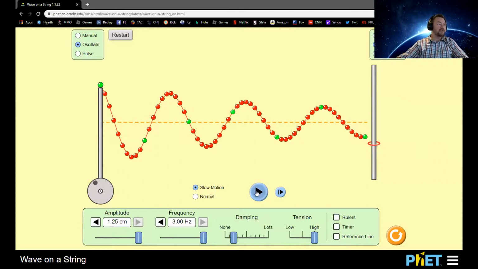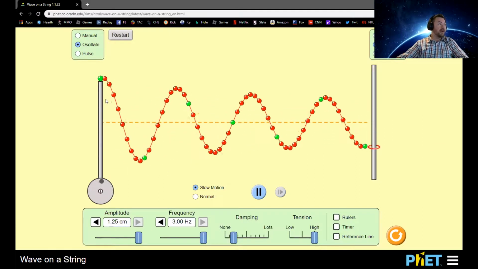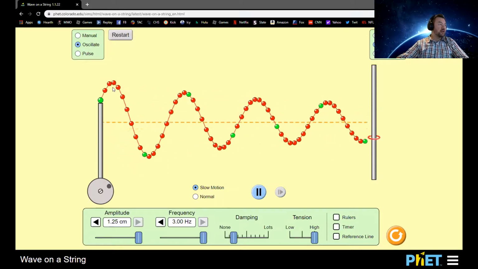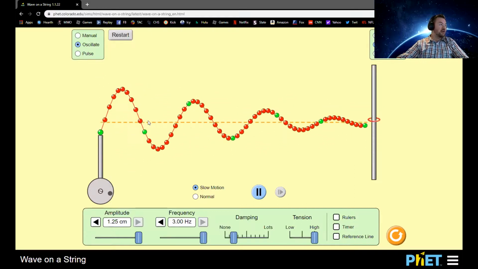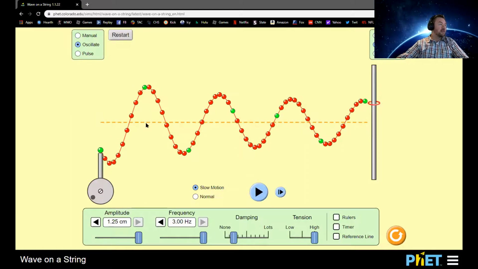But if I put this in slow motion, you can see how from here to the highest point, I guess the highest point would be right there, that's the amplitude. It is the distance from 0 to the highest point, or 0 to the lowest point.